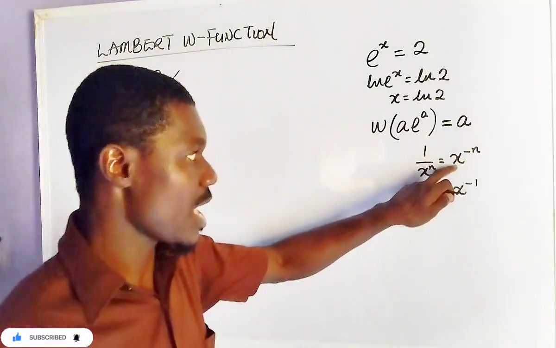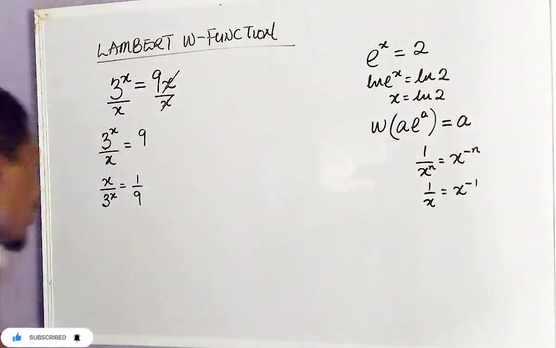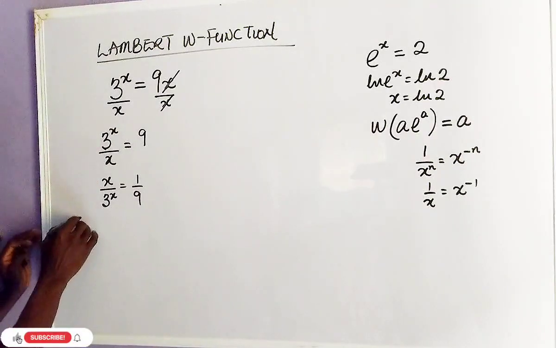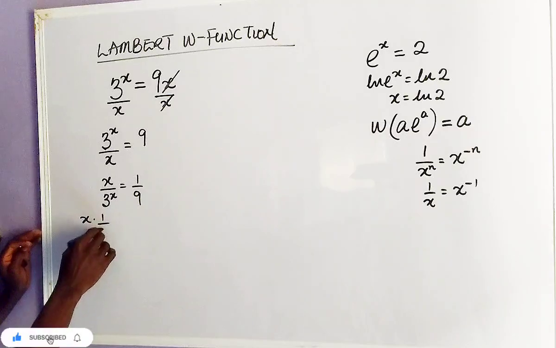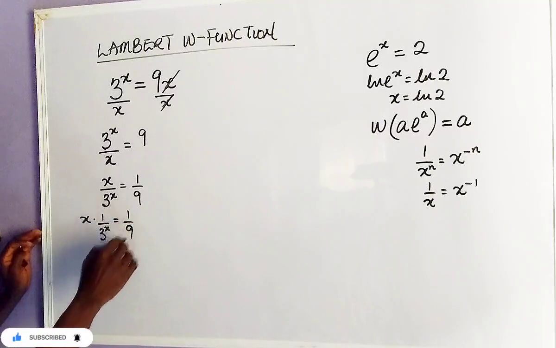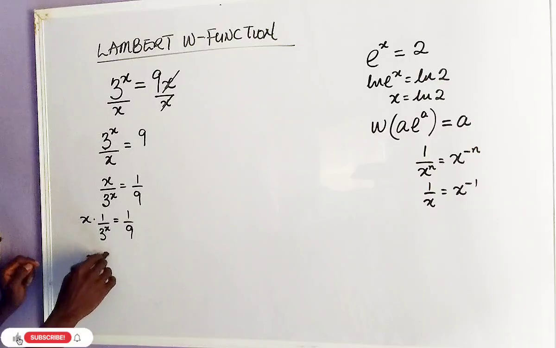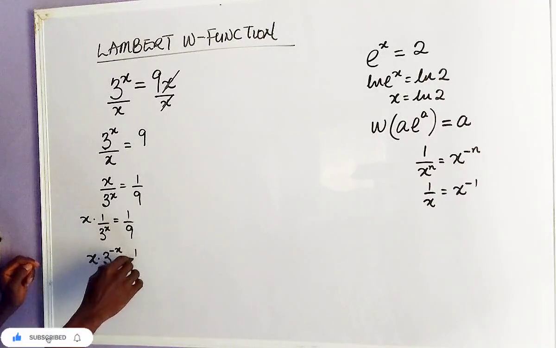If you apply that rule here, x times 1 all over 3 raised to the power of x equals 1 over 9. So we can also see that this is x times 3 raised to the power of minus x equals 1 all over 9.